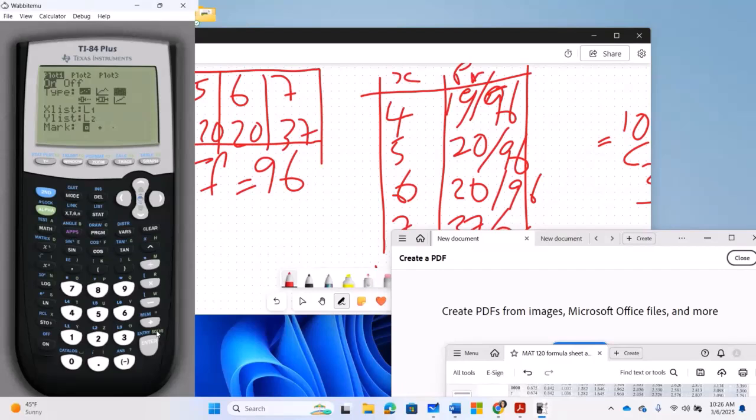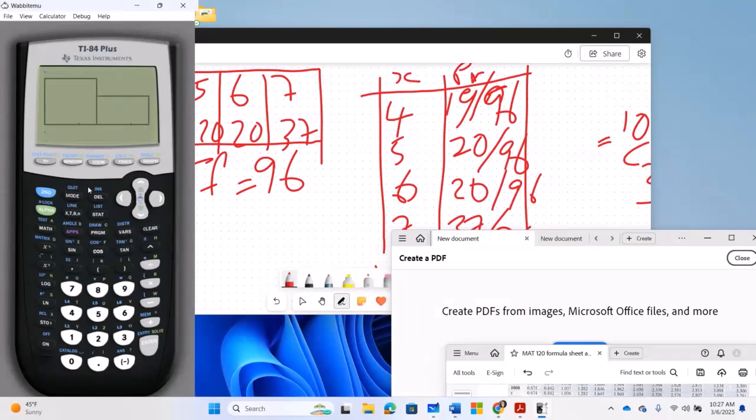I'm going to pick histogram, with frequency L2, and zoom 9. There's an error here, so I will second quit, then zoom 9 on the main screen.